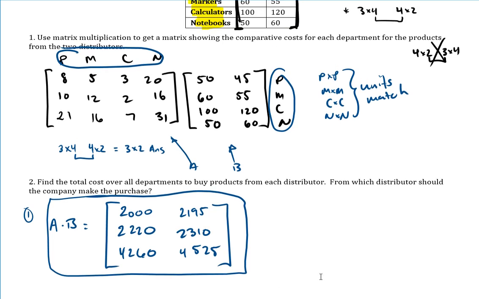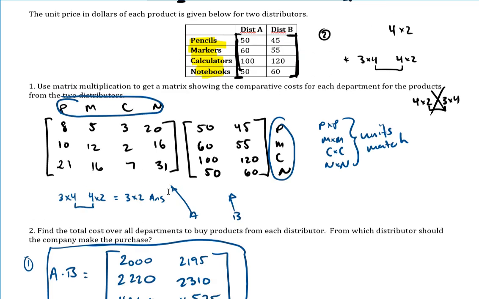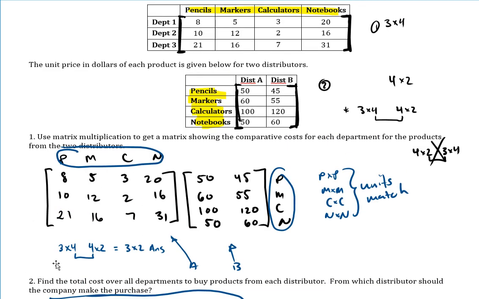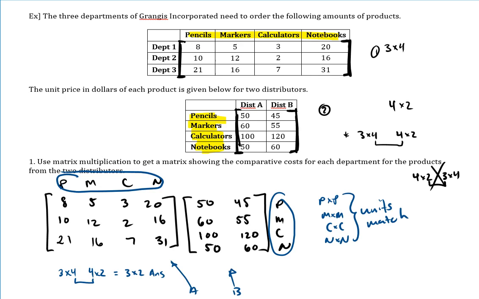Okay, and what we want to do with this is, again, we want to make sure we know what this stands for. So what we did is, when we had the rows, we multiplied these columns. Now, I didn't mark the other stuff that was involved in those matrices in that first step, but this was like the department 1, this was department 2, this was department 3.